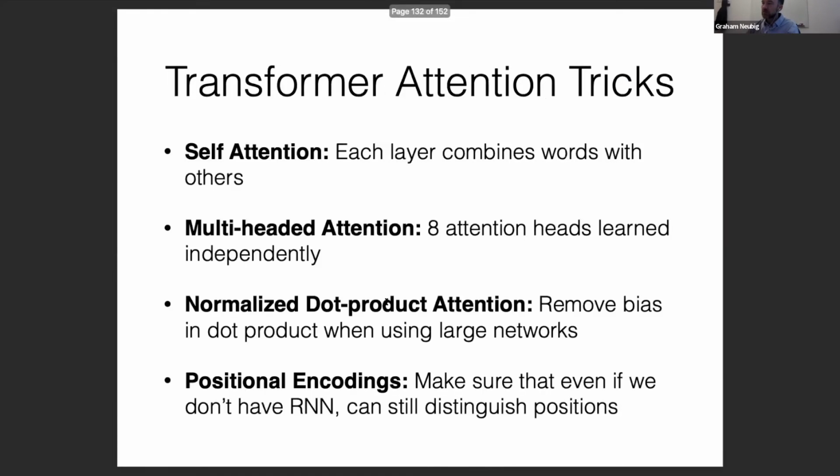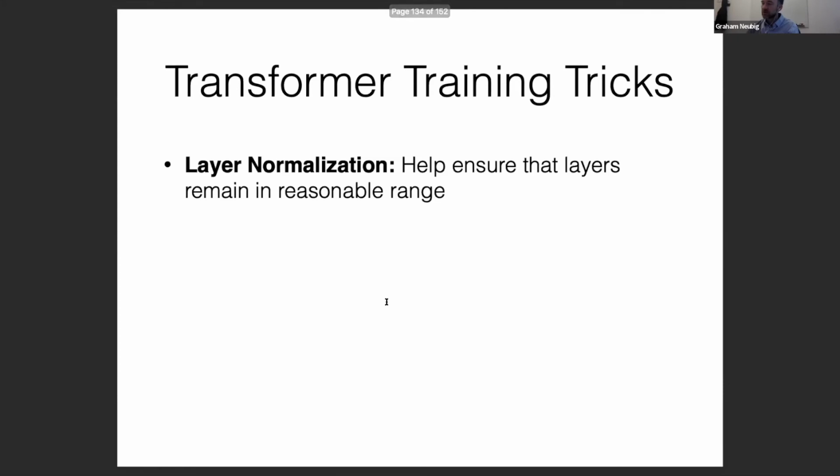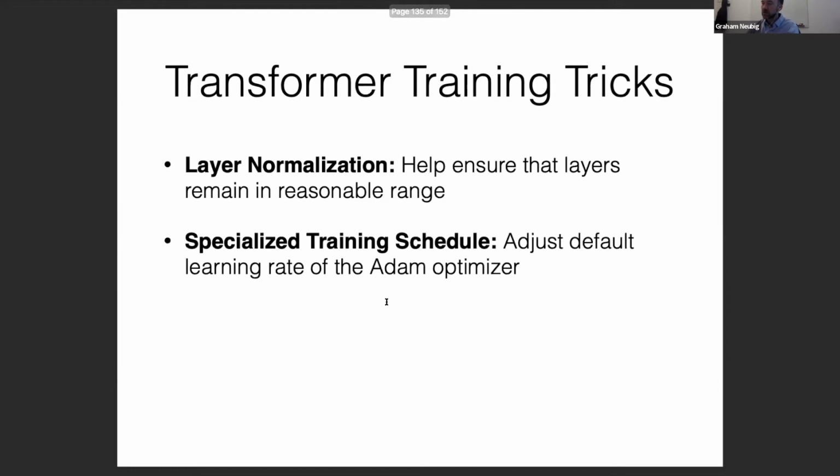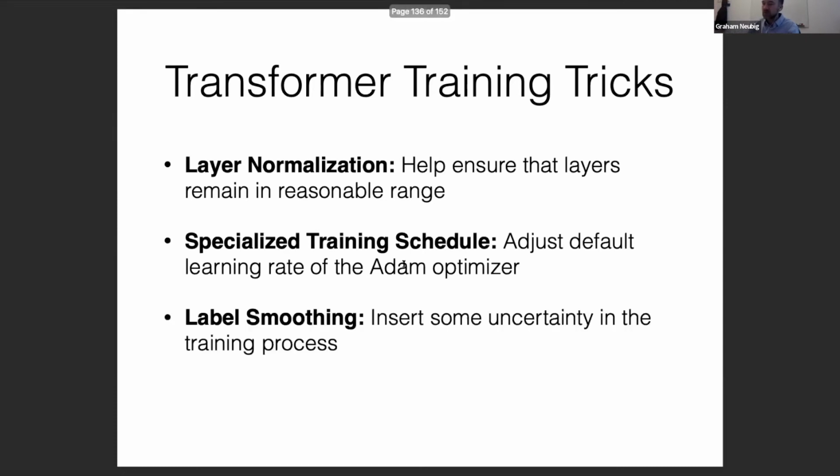It also uses a whole bunch of training tricks, such as layer normalization, helping ensure that layers remain in a reasonable range. It also has a specialized training schedule where you have the Adam optimizer, but you have a specialized learning rate that gradually ramps up and then slows down. In the transformer paper, they also used a technique called label smoothing.